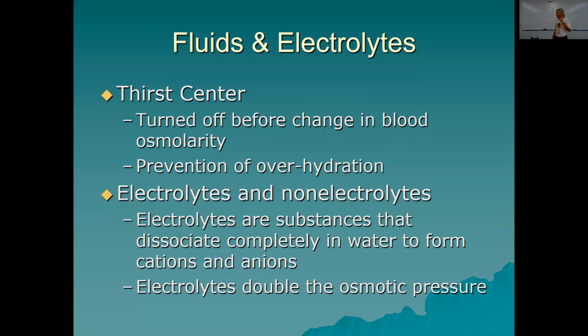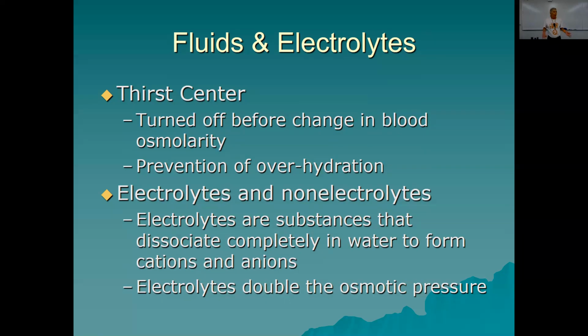Okay, let's look at electrolytes and non-electrolytes. Electrolytes are substances that dissociate completely in water to form cations and anions, such as sodium, potassium, calcium, and so on. Non-electrolytes don't break apart like that. Glucose is not an electrolyte. Electrolytes double the osmotic pressure. Remember, the osmotic pressure is determined by how many things are dissolved in the water.